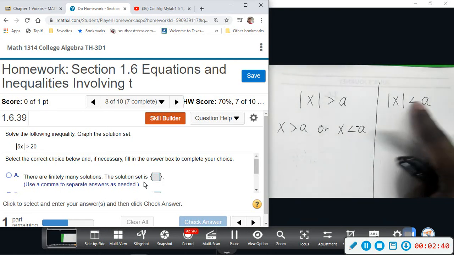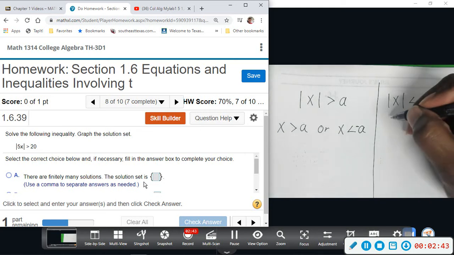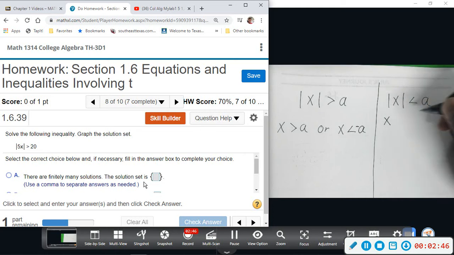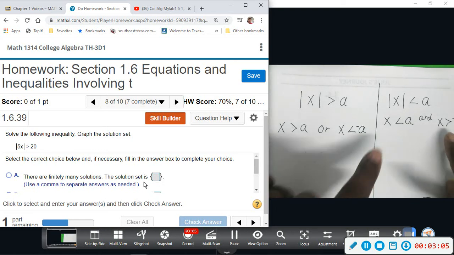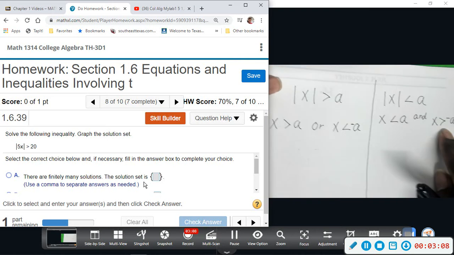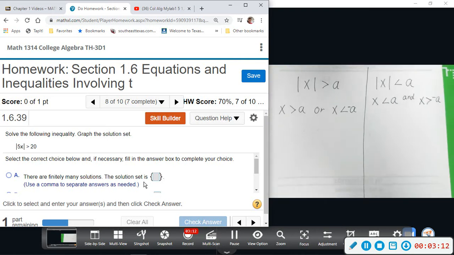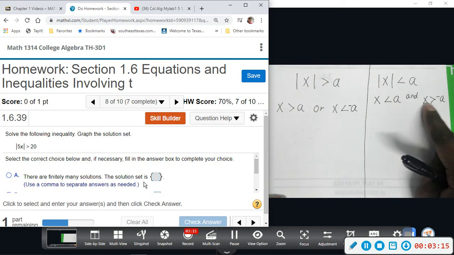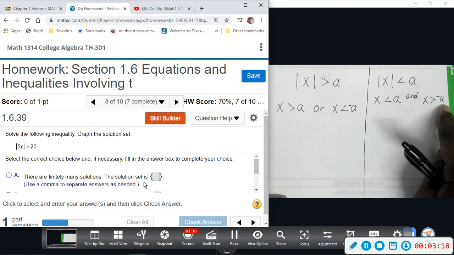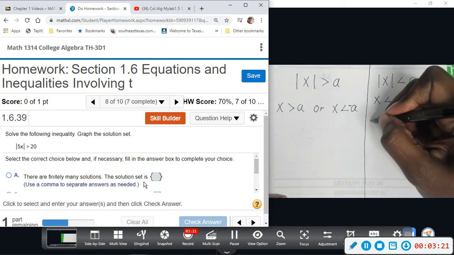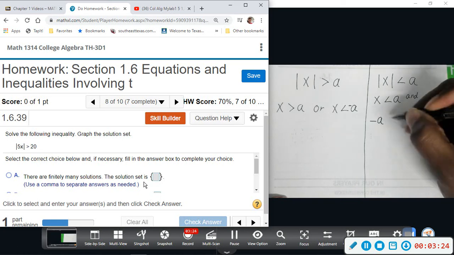Alright. When you have less than, you will do something similar. You have x less than a, and the word here is and. You will have x greater than negative a. When we compound and put these 2 terms together, I put x on the left-hand side, and the end result will be negative a is less than x, which is less than a.